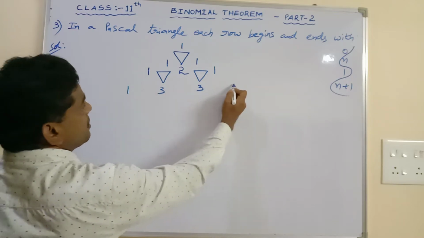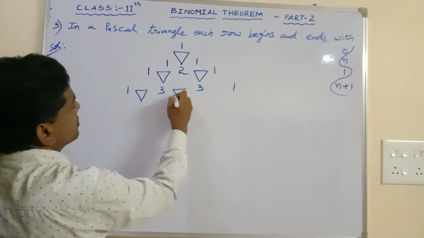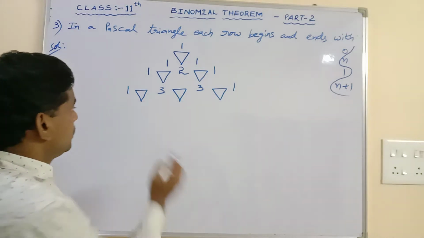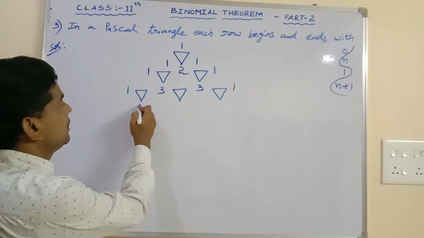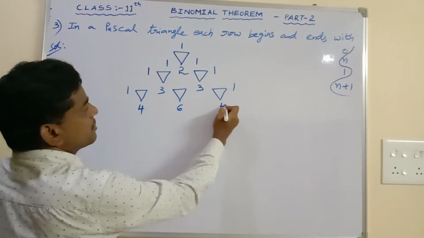So once again increase the number of ones on either sides. Now the sum of 1 and 3 right at third vertex of triangle, that is 4. 3 plus 3 is 6, 3 plus 1 is 4.